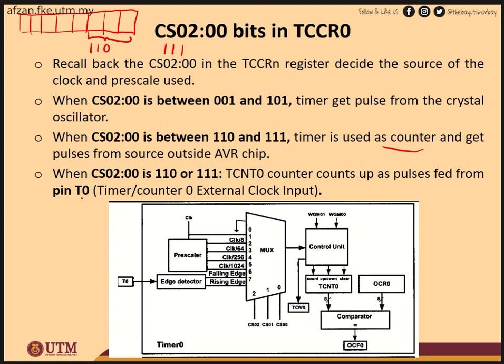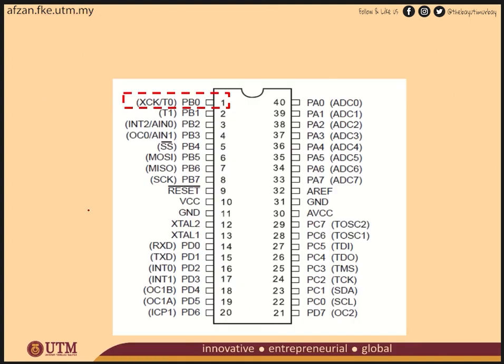Where is the location of pin T0? This is your ATmega32 chip, and T0 is at PB0. So to use your timer as a counter to count a certain event, you need to connect either switches or an external oscillator to this PB0.